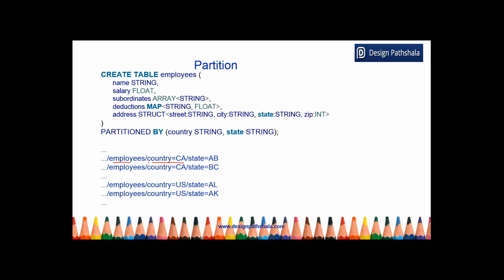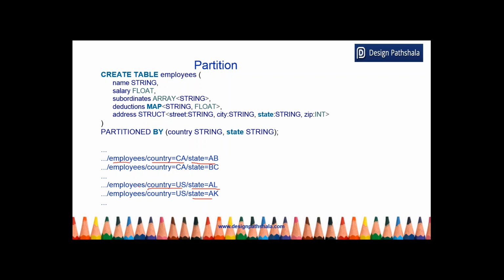And all the records of employees of country equals US would go to a directory called country equals US. In this table we have given two levels of partitioning, country level and inside country a state level partitioning. So inside Canada there are directories, one for each state in Canada. And similarly for US there are directories inside US for each state of US.